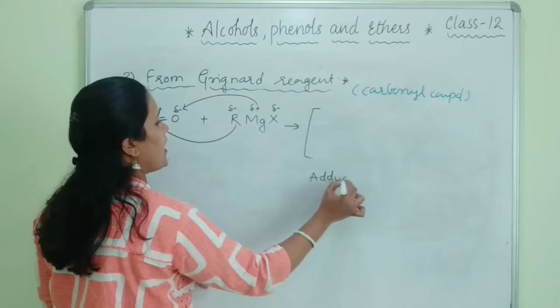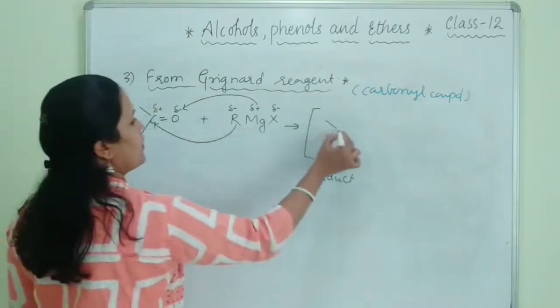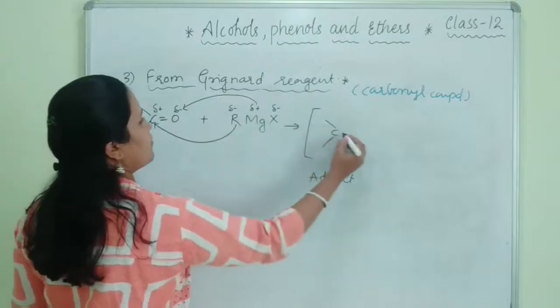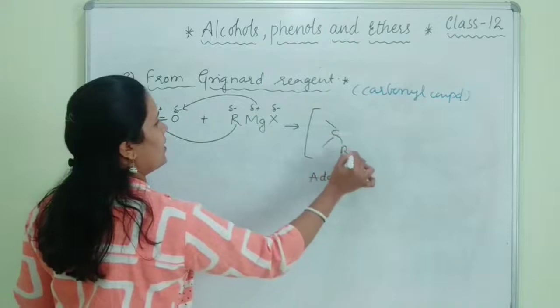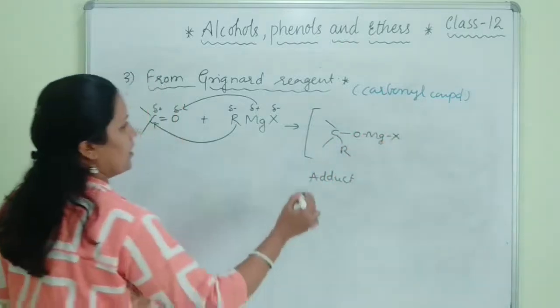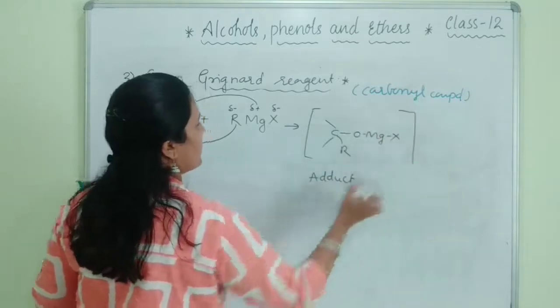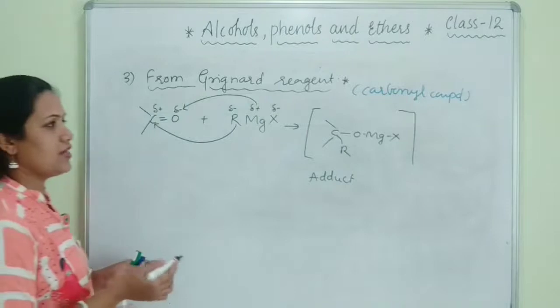I will be using the word adduct. Adduct means the intermediate formed in between. Here the intermediate forms as one carbon attaches with R and the O attaches with MgX. So we get this as an adduct, the intermediate formed in that reaction.